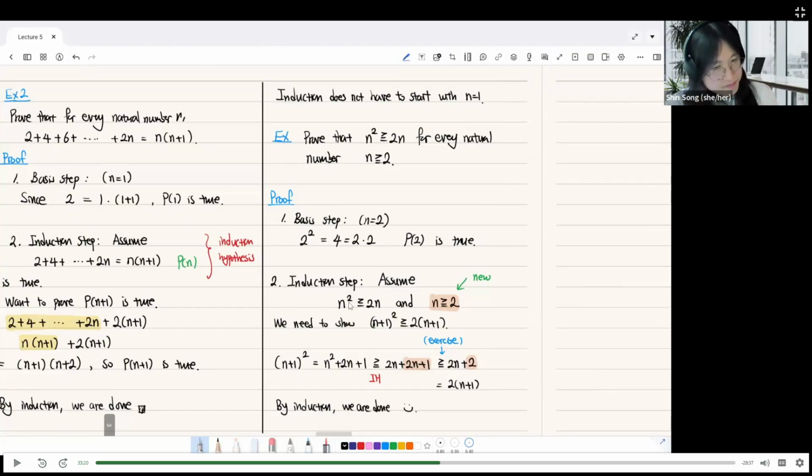So here we're proving that n squared is greater than or equal to 2n, and n is greater than or equal to 2. So to prove it using this, any questions?